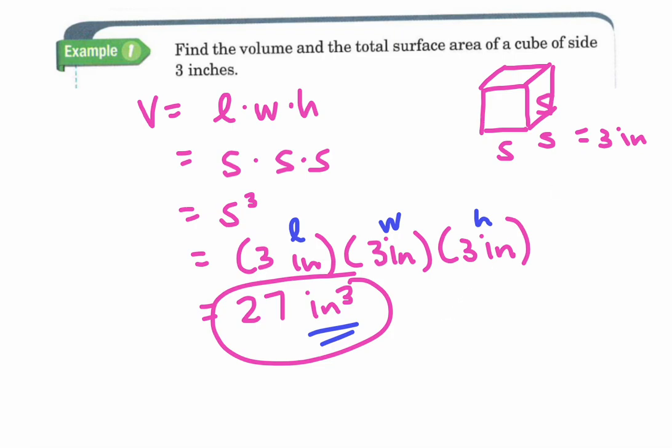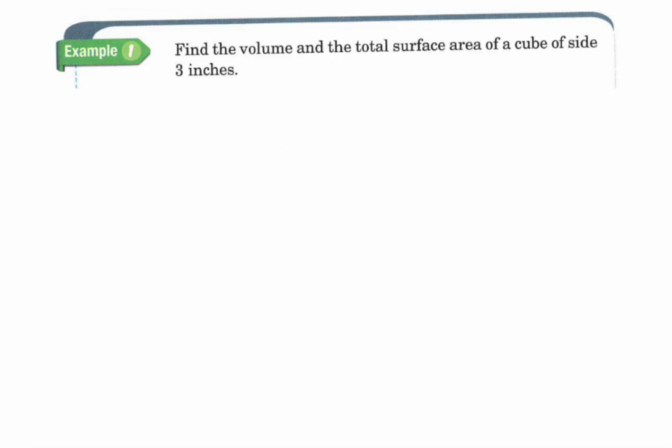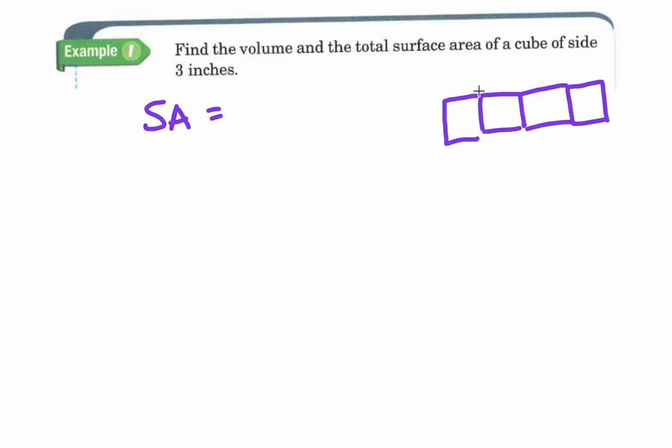Okay, let's move on and talk about the surface area. The surface area, like we said, is when we add up all the different surfaces of your cube. Your cube has 6 squares that it's made up of. So we know we're going to have to take the area of one of the squares.